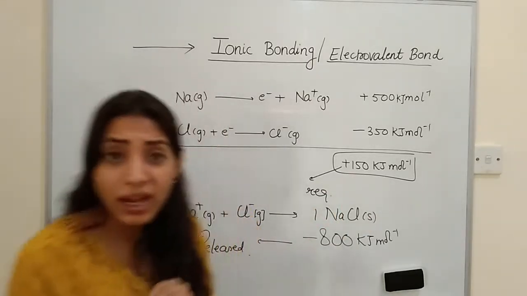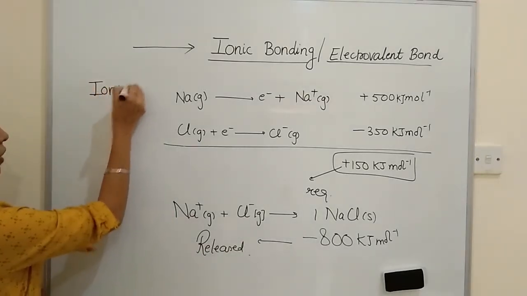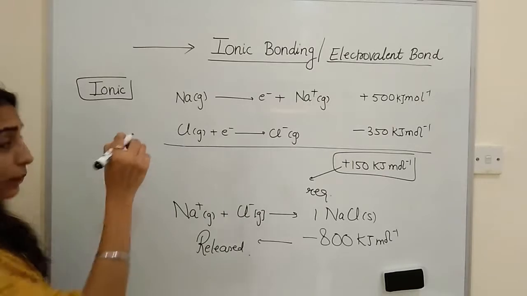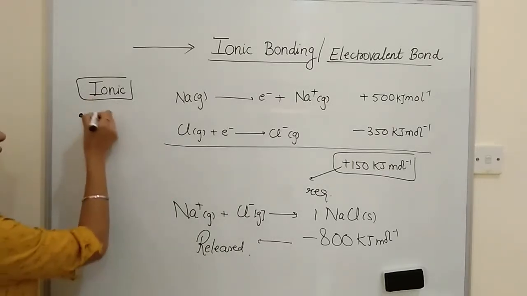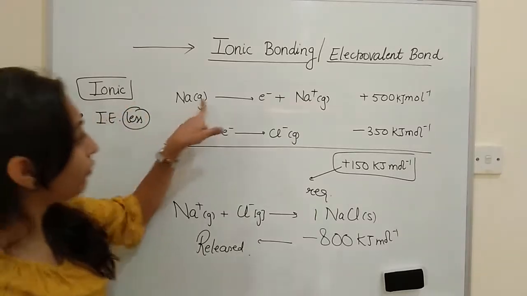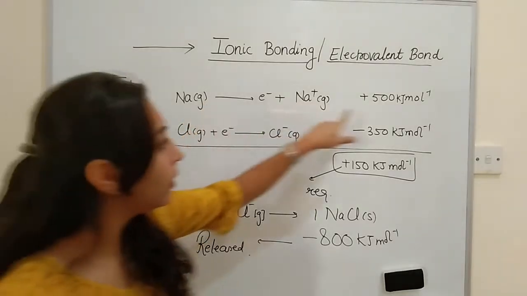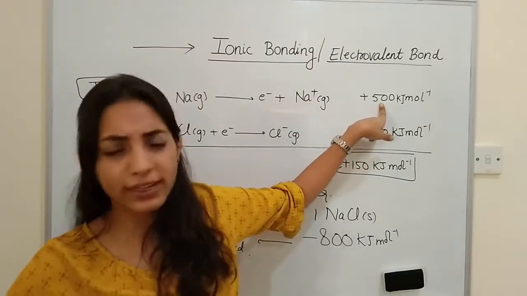Done? So for an ionic compound to be stable, we have 3 requirements. Requirement number 1, the ionization energy should be less. If we give less energy here, so rather than plus 500, maybe it is 400, 300, 200, 100 and so on.